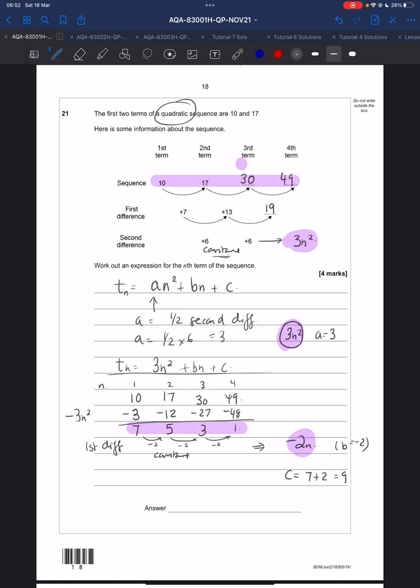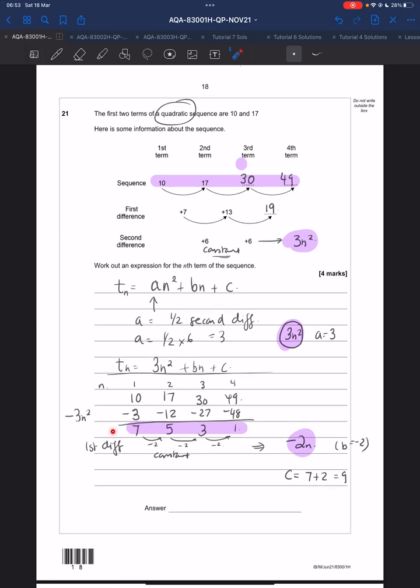So this sequence is minus 2n plus c, because we've taken out the n squared. Minus 2 times 1 is minus 2, so we add 9. Minus 2 times 2 is minus 4, and we add 9 to make the 5. When n is 0, minus 2 times 0 is 0, so it's plus 9.